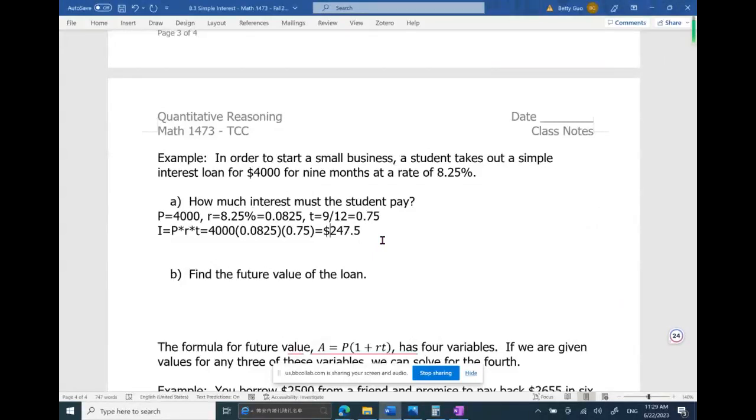That's the interest for 9 months. That's a lot, because the interest rate is so high.